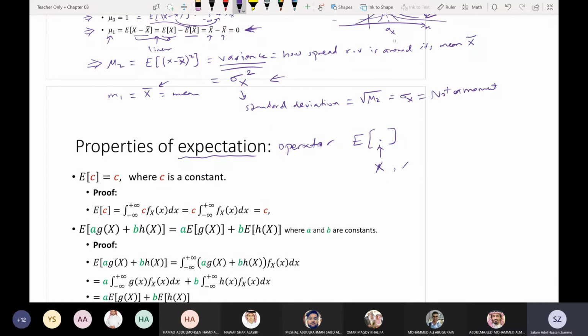If we put x to the power n, what does this mean? The moments around the origin. If we put x minus x bar to the power n, what does it give us? Central moment.